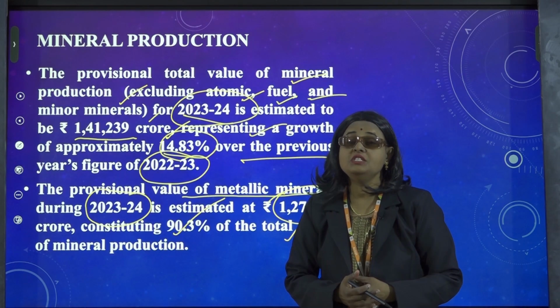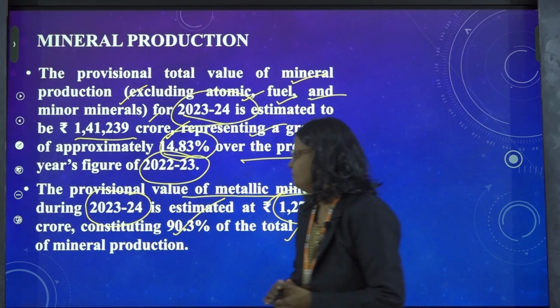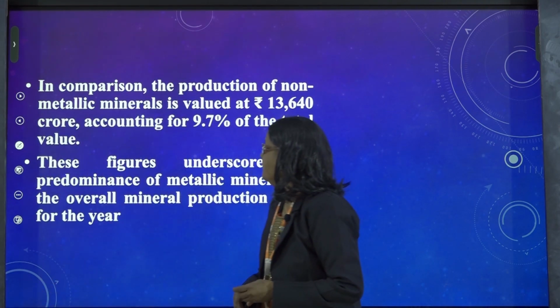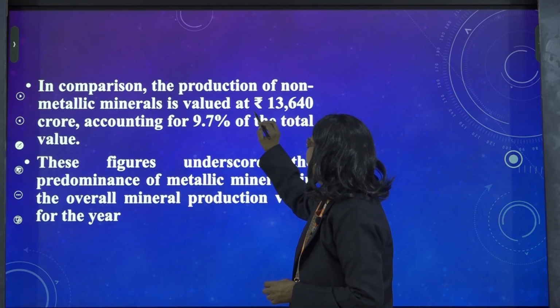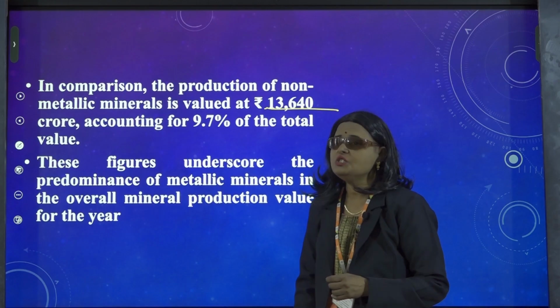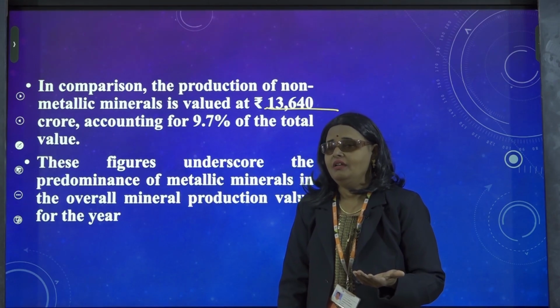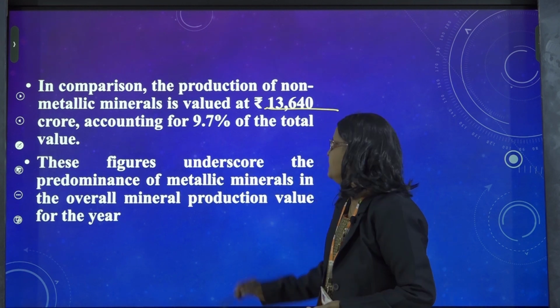That means you imagine how much mineral production is happening. In comparison, the production of non-metallic minerals is valued at 13,640. See what is more here? Metallic minerals. That is what they are explaining here.